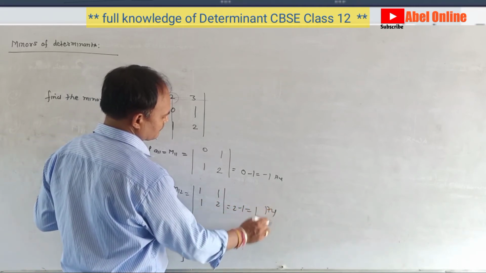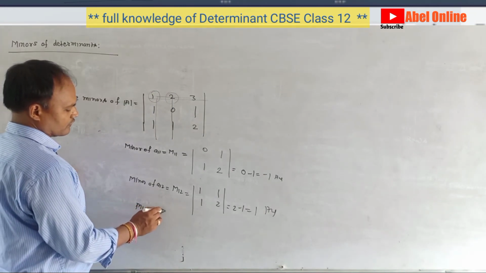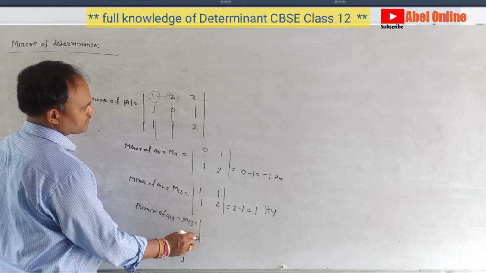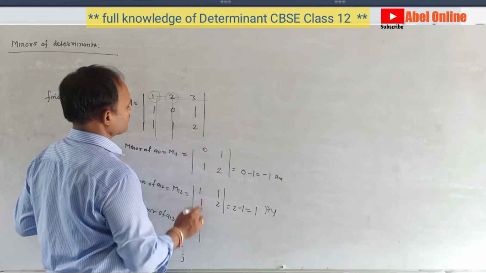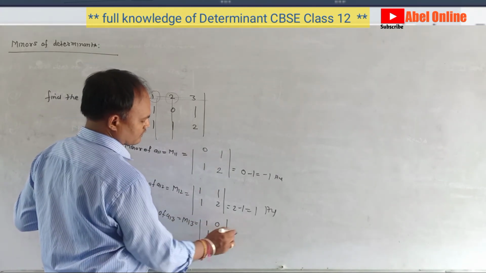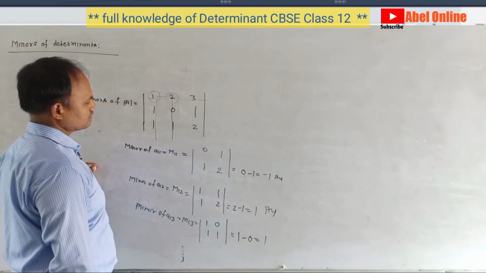That is your answer. Now minor of A13 means M13. It is 1, 0, 1, 1. Just eliminate this and this. So it is 1 minus 0, which is 1. That is your answer.